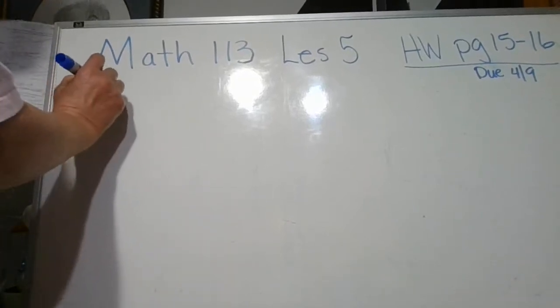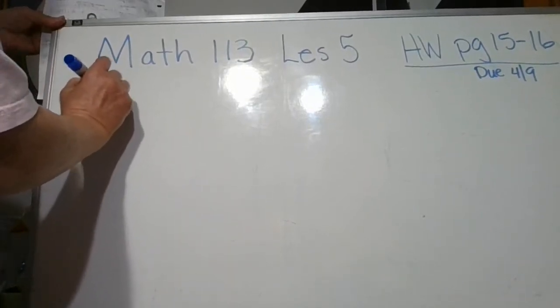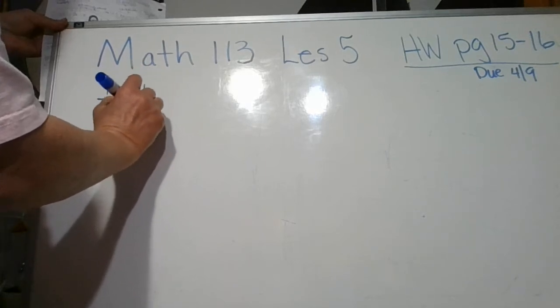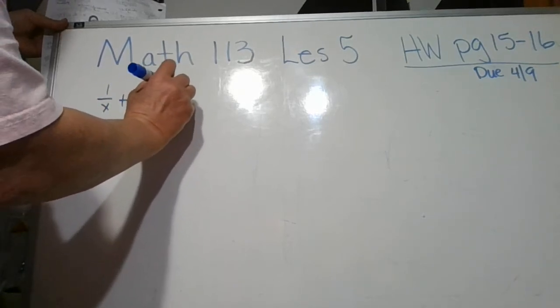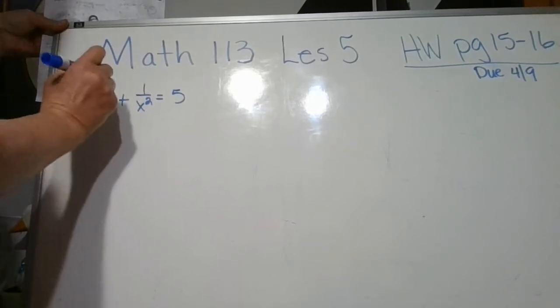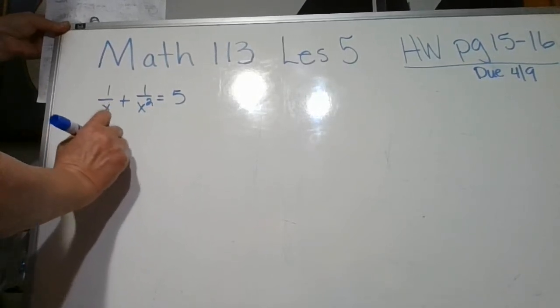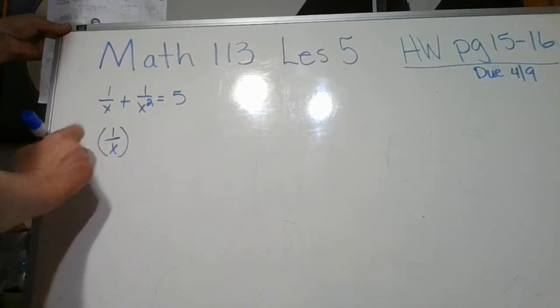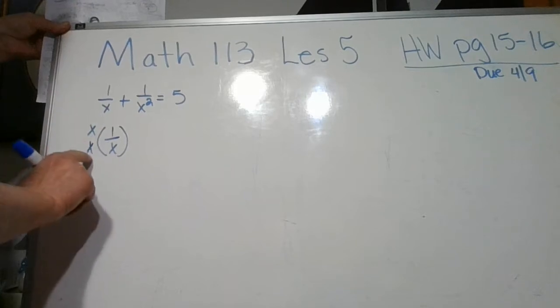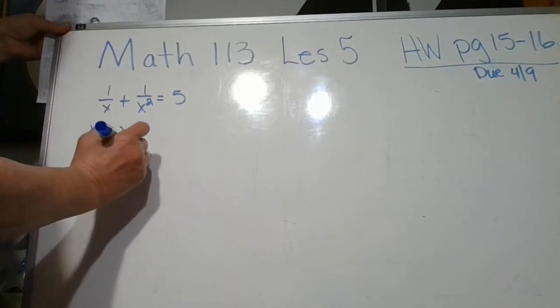So on this one, I have 1 over x plus 1 over x squared is equal to 5. I need to have common denominators to put those together. So what I'm going to do is look here at this x squared and say, you know what, if I multiply by x over x, I'm going to have x squared on the bottom.